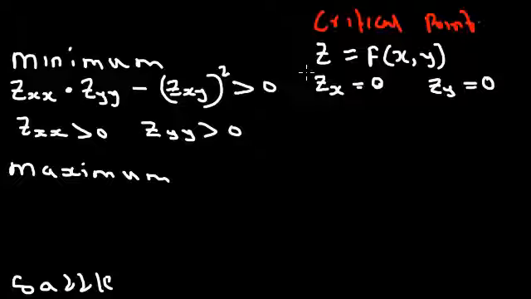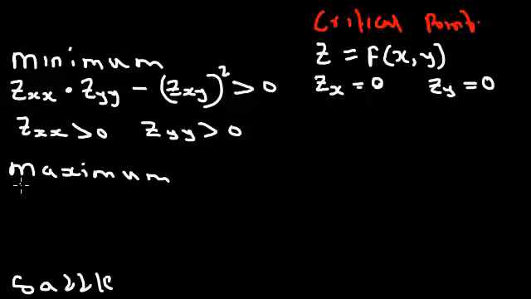Then you subtract the cross partial derivative of z with respect to x and y, and square it. You do the math and see if your result is greater than 0; then the first part of this condition has been satisfied. Then for the second part, z of xx must be more than 0, likewise z of yy. By the time we begin examples, you will see what I'm saying. But make sure you have all these conditions written down for reference.